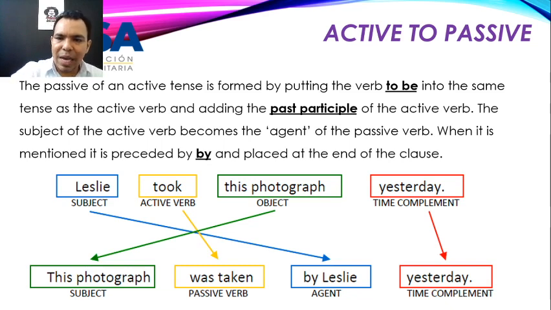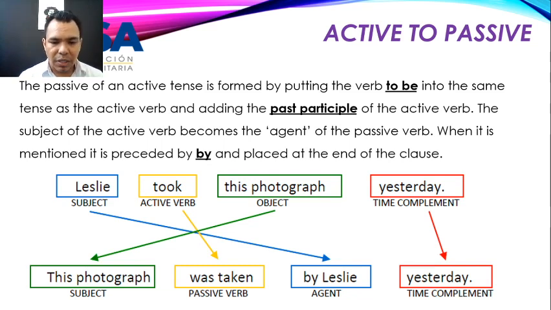Remember, we need to add the verb to be, and because the action was in past tense, the verb to be must be in past. So took here becomes was. Remember, the past of the verb to be is were and was, and in this case it's was because we are talking about only one object, that is this photograph.